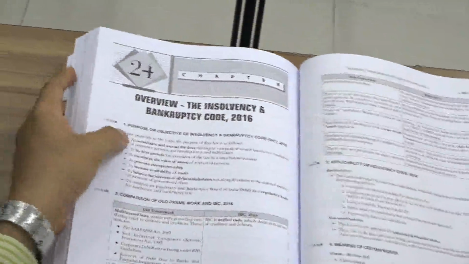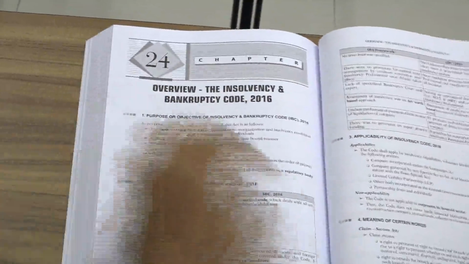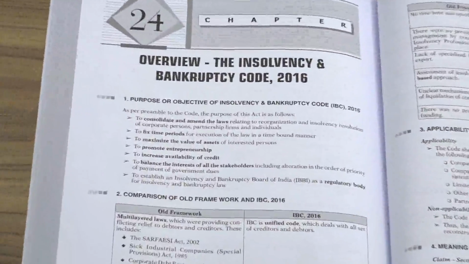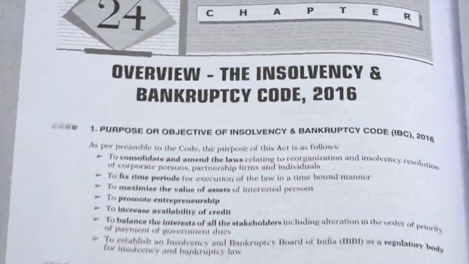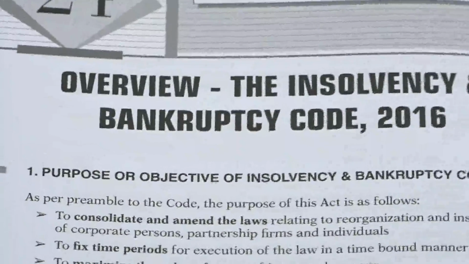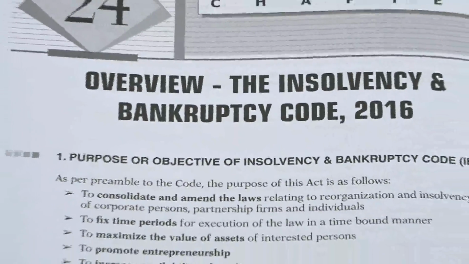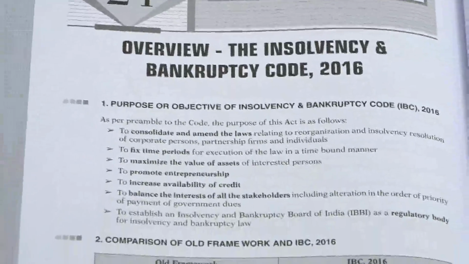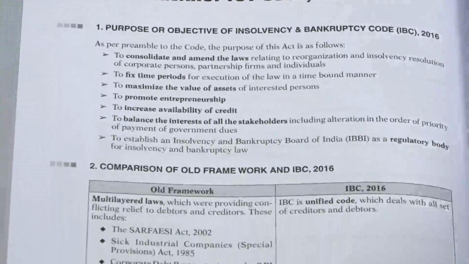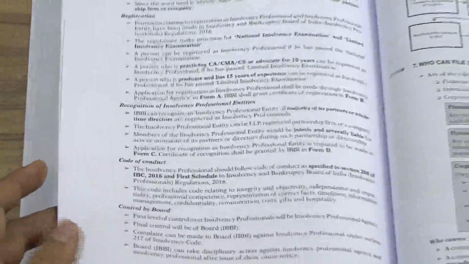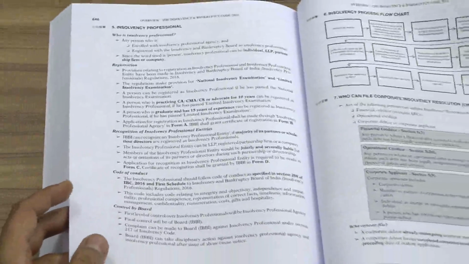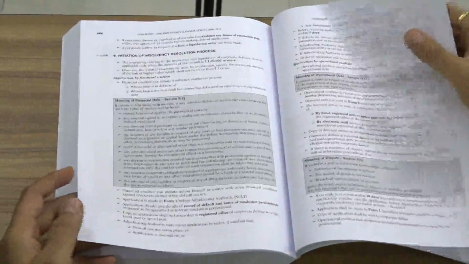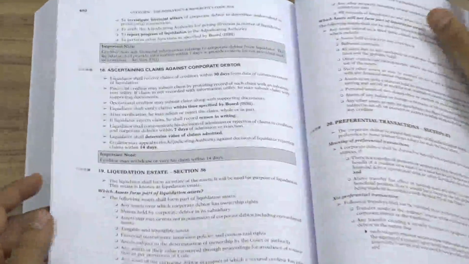Even for the newly introduced Insolvency and Bankruptcy Code 2016, I have given an overview in very easy language, and one can refer to it with a few charts and definitions, right.